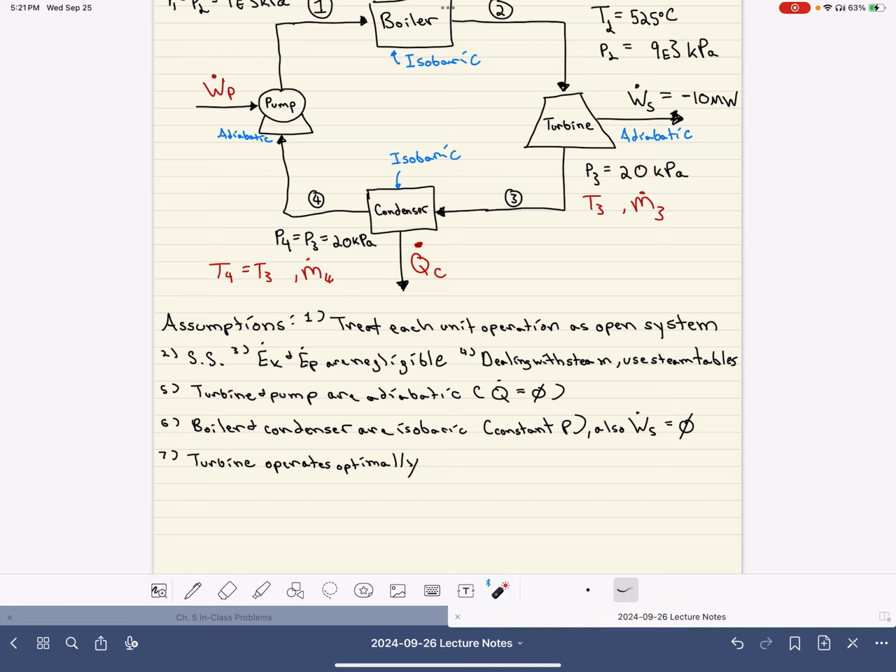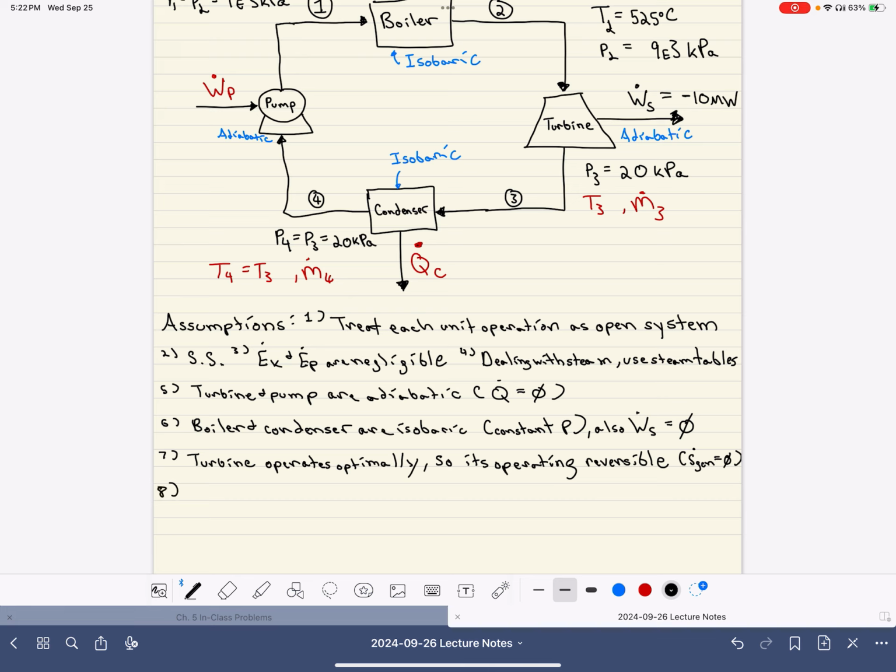So that's basically what optimally means. So the turbine operates optimally, so it's operating reversibly, right? So that there's essentially no inefficiencies with the turbine. And what that means is that for the turbine, the S-gen term is going to be just equal to 0. Okay, so that's going to help us with our analysis.